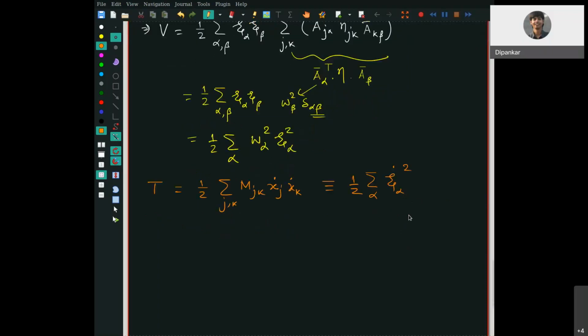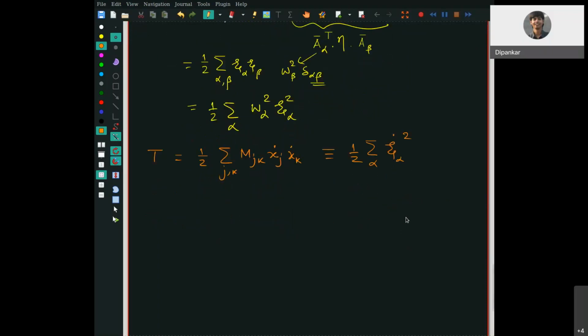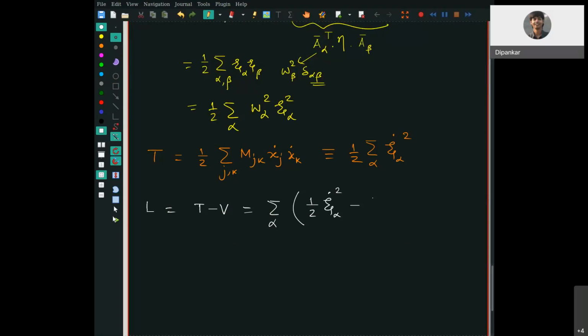Now if you write your Lagrangian, which equals T minus V, this would be equal to summation over alpha, let me take out the summation first, of half xi alpha dot square minus half omega alpha square xi alpha square.